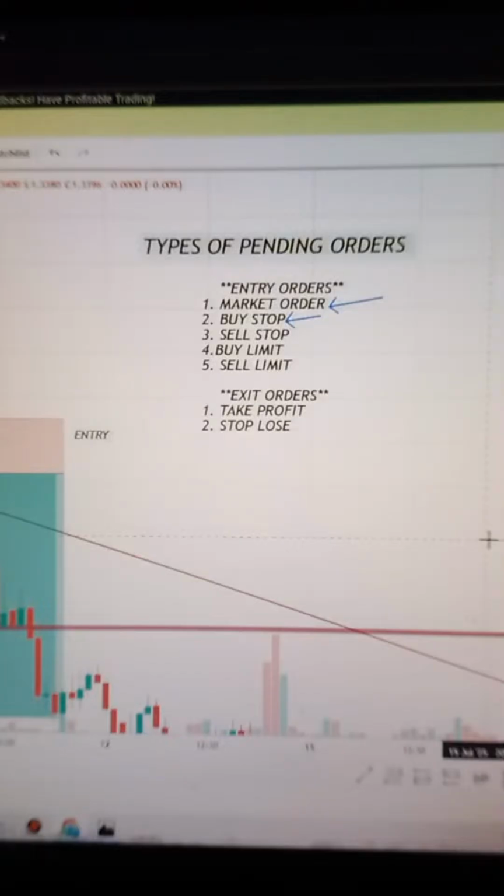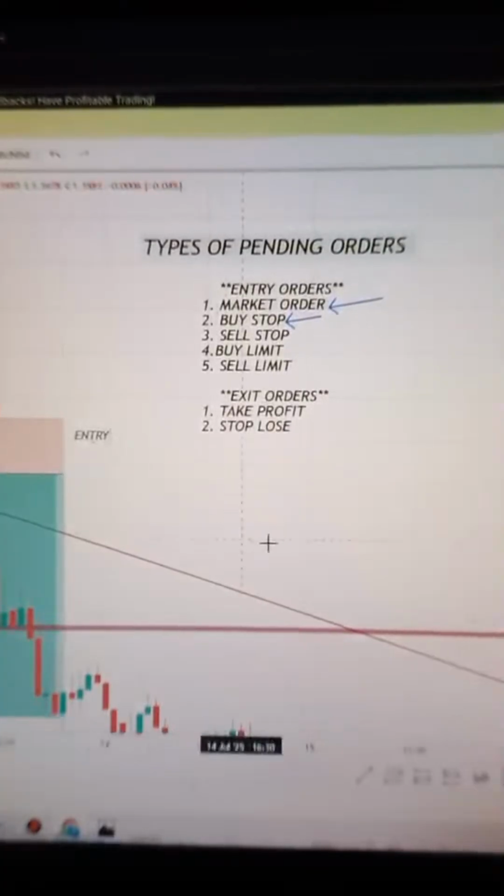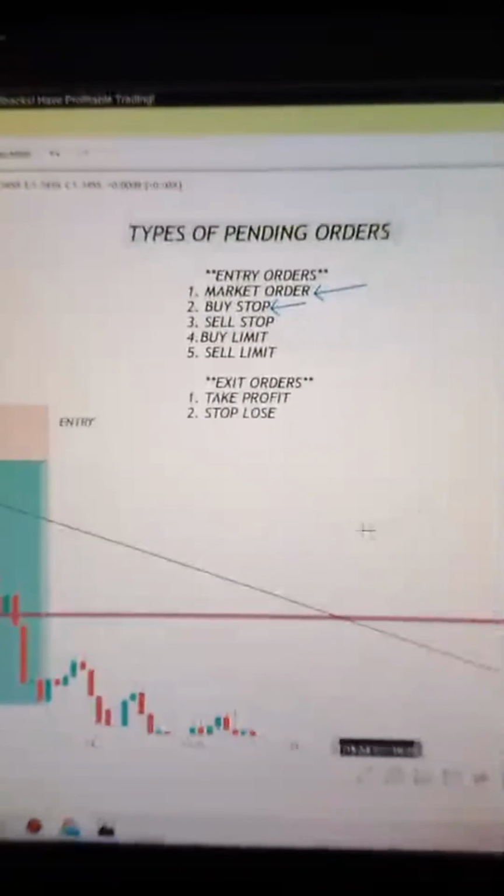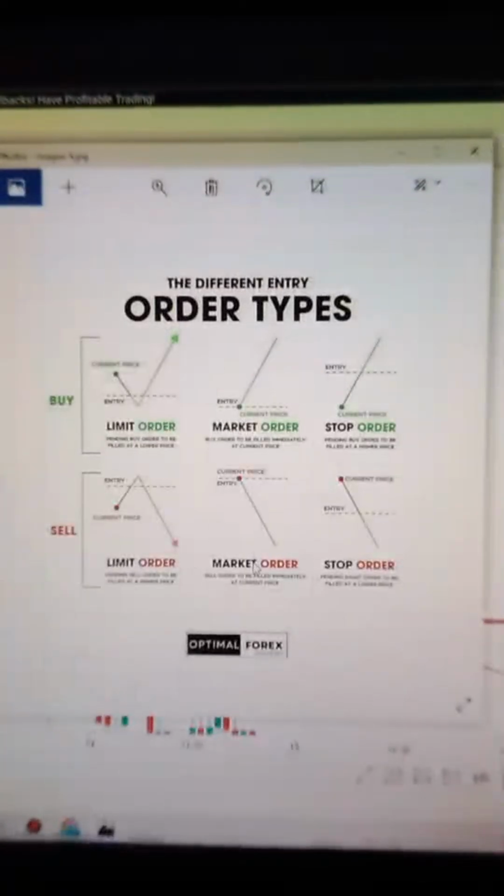A buy stop order is an order you want to put above the current market price. In other words, you already expect the market to go in that direction.